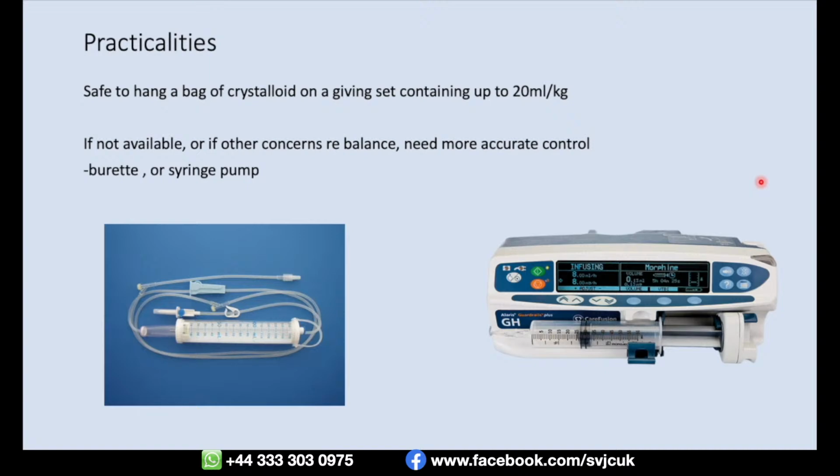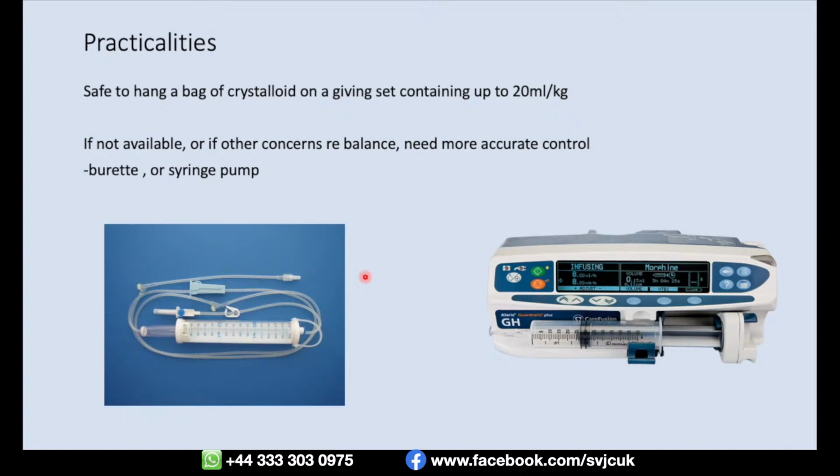Once the child starts getting smaller, or perhaps the surgery gets longer, or you need tighter, more accurate control over the fluids you're giving, you can use a burette. This is a chamber in a giving set which fits in between your bag of crystalloid and the patient, and we can very accurately measure up to 150 mLs into this burette, and we can drip that in very accurately.